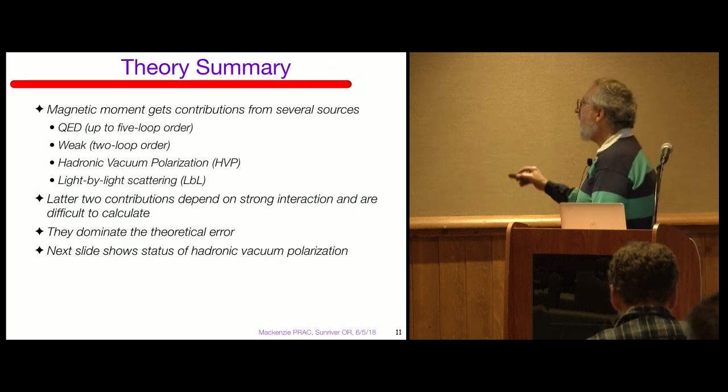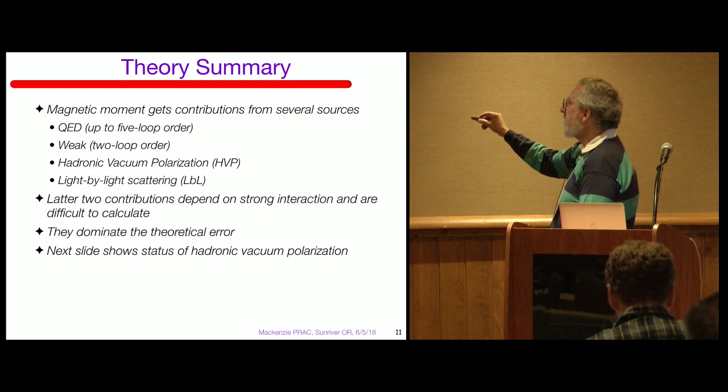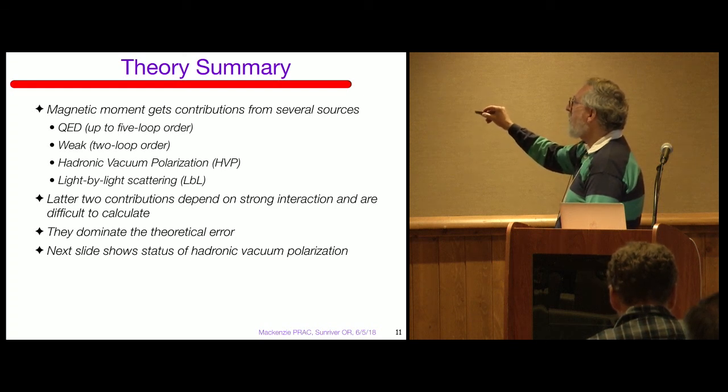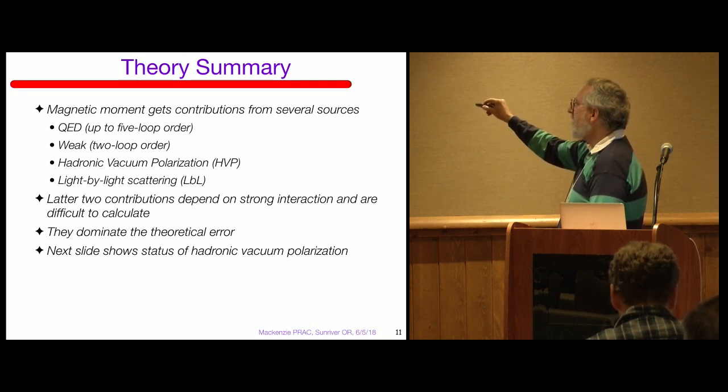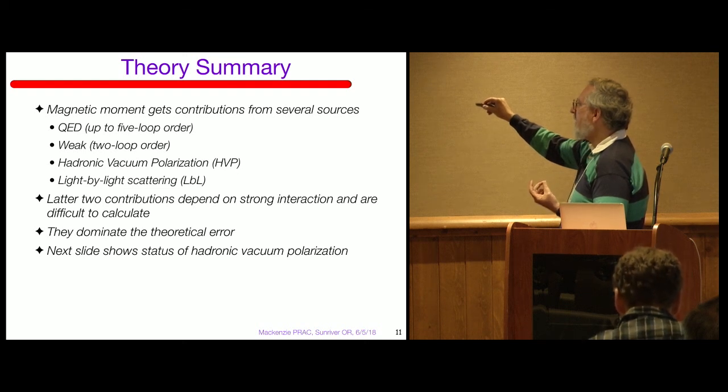The theory comes from a number of contributions. One is quantum electrodynamics, which has been done with perturbative techniques up to 5-loop order. Then the weak interaction has been done up to 2-loop order. Then there are diagrams that depend on quantum chromodynamics or strongly interacting particles.